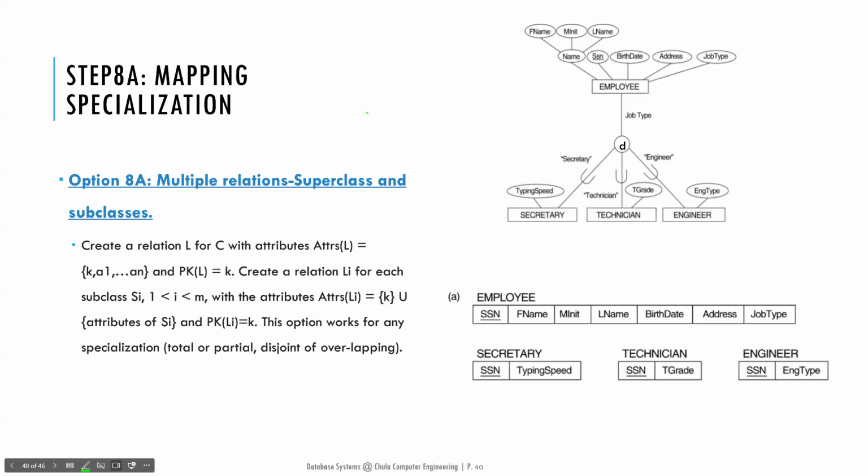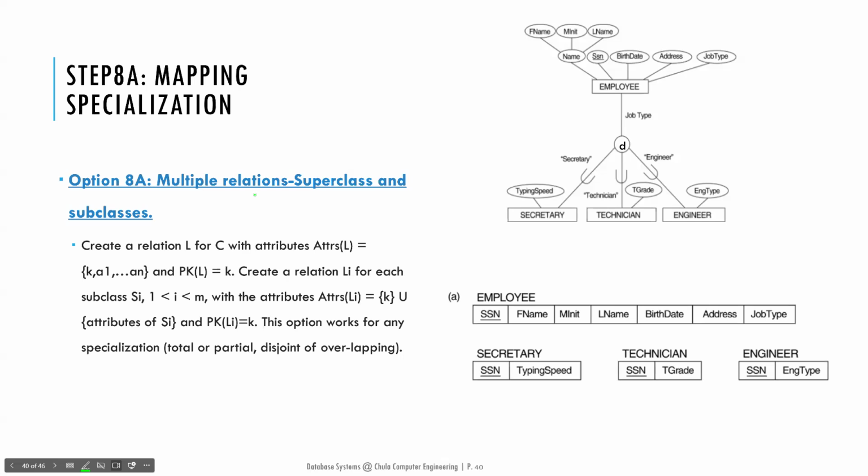Let's say you have this figure 1 on top, you have employee, which can be determined by job type to be secretary or technician or an engineer. If you remember, the D would signify that it's disjoint, meaning that an employee can only be secretary or technician or engineer, but cannot be a combination, right?